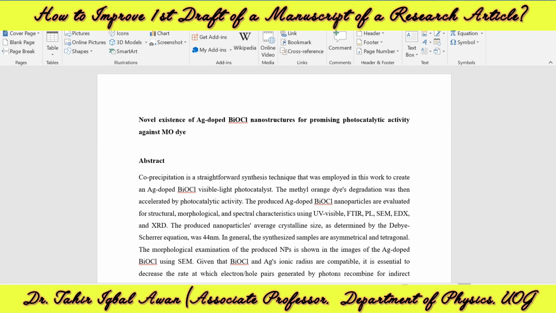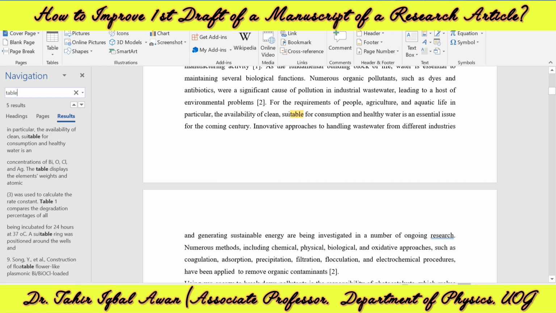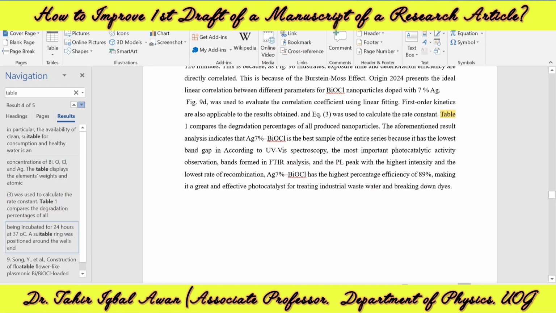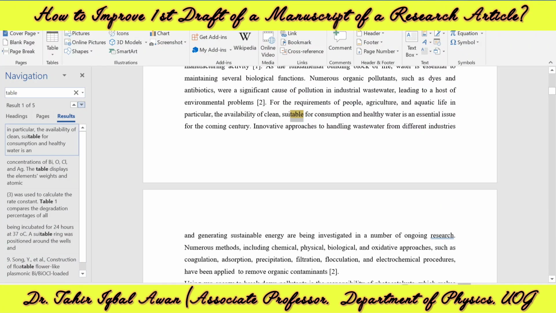For example, if I press Control F and search for table, you can see the table displays the elements weight and atomic percentage. Even if I search for table, the table is not there, but the word table is given, so it means this is a mistake.